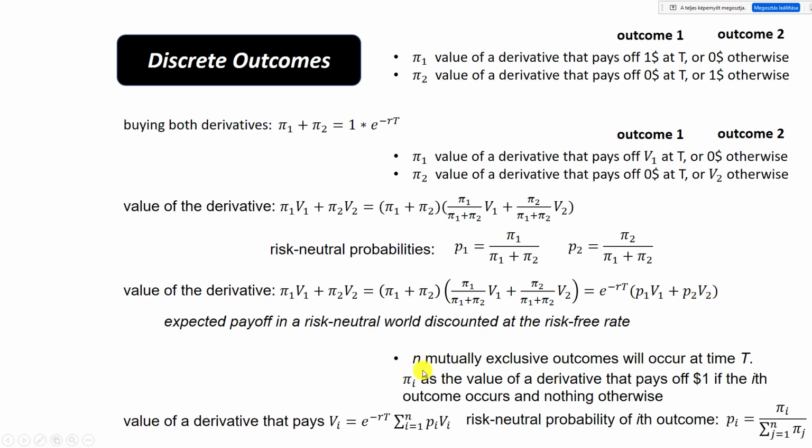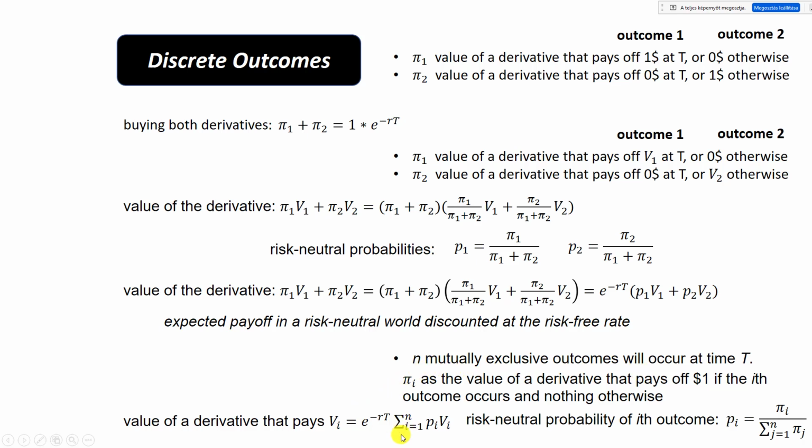That's all. If we don't have just two outcomes, but we have n, so a lot, but still they are mutually exclusive, so only one can happen at a time. And altogether they are representing all the certain outcomes.